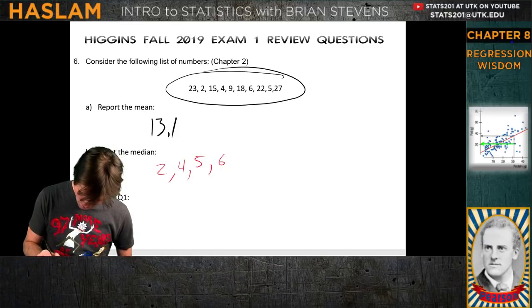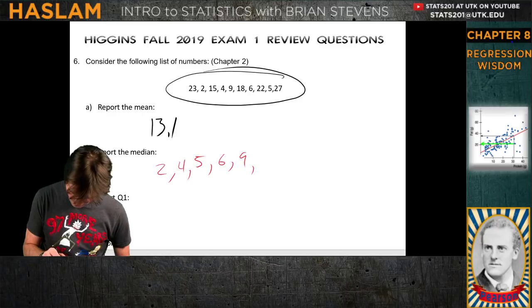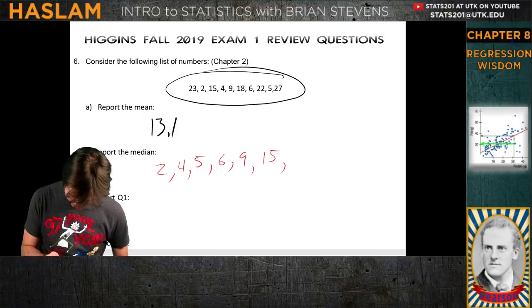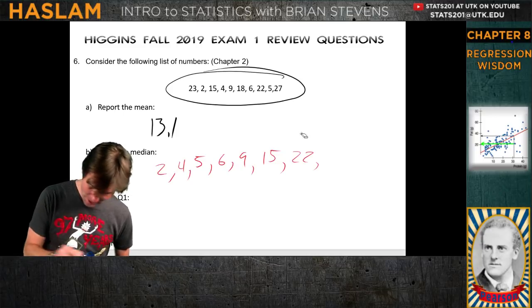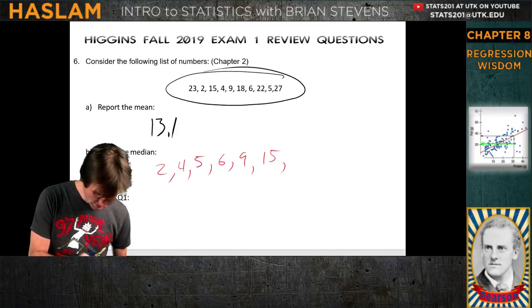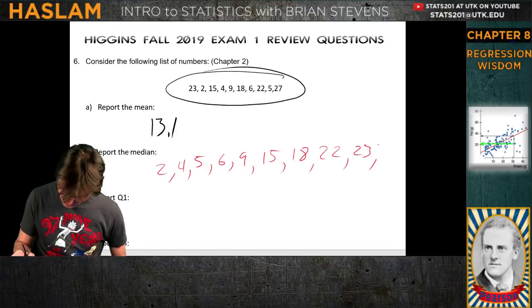If we do this correctly, we don't have to write any more numbers. 2, 4, 5, 6, 9, and 15. Okay, let's do the whole thing. 15, 18, 22, 23, and 27.